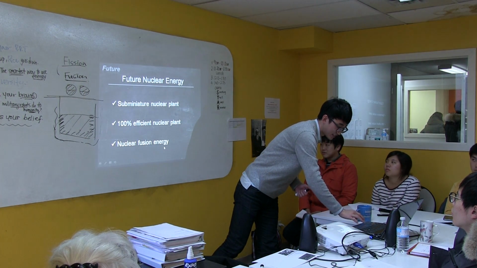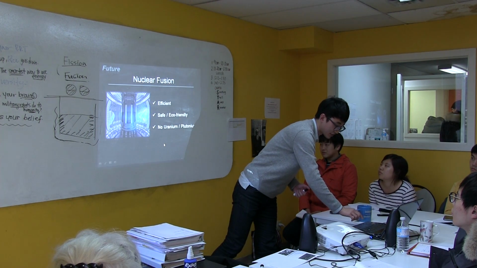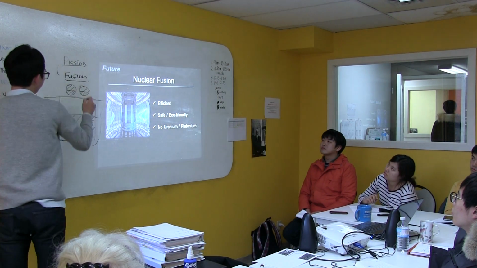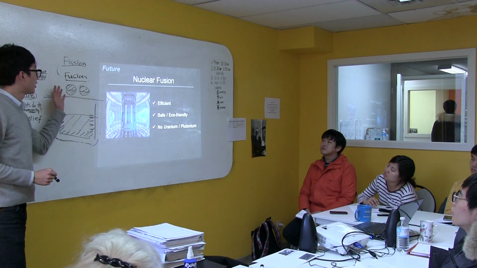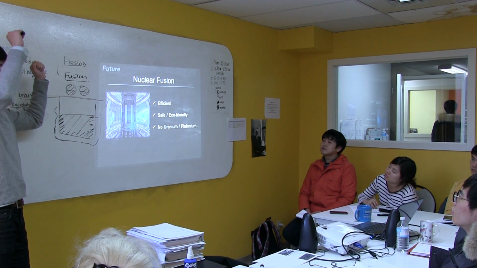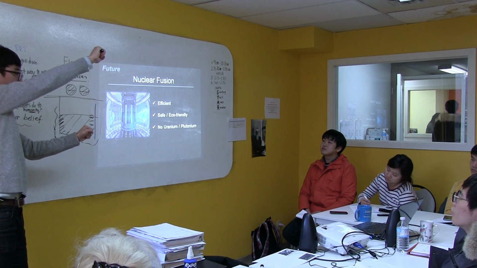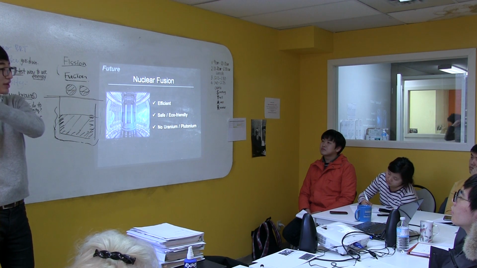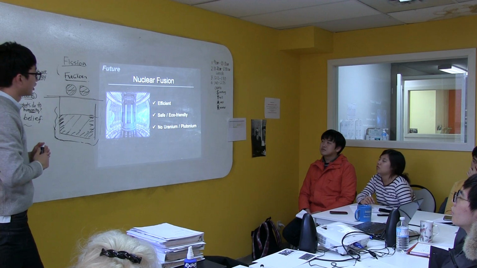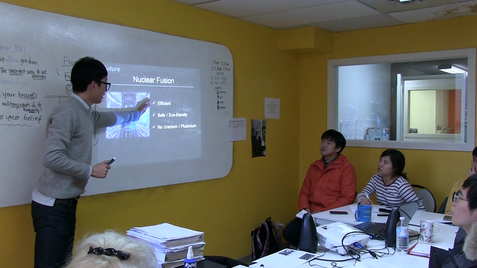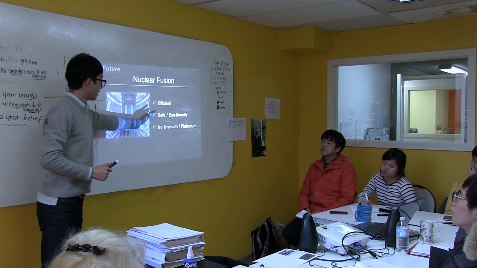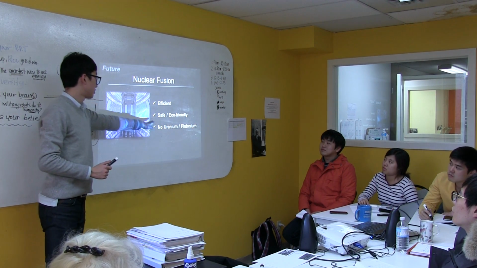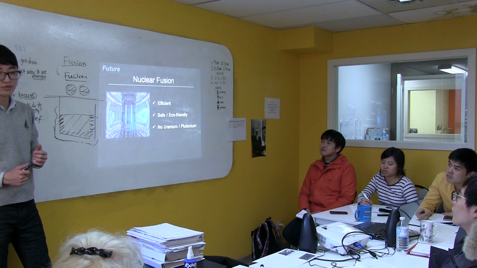Next one is nuclear fusion energy. I talked about nuclear fusion in lecture 1. Fusion means two different atoms combine into one atom, and then it can make huge energy. It's really efficient, extremely safe and eco-friendly, and they don't have to use uranium or plutonium.